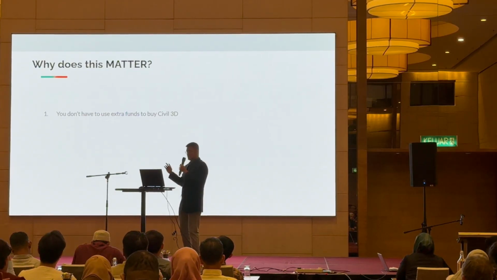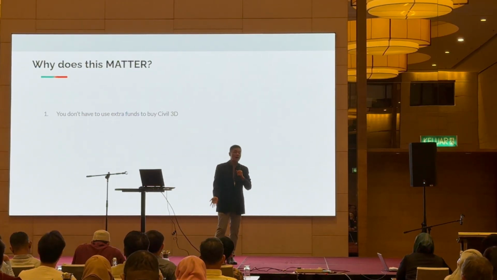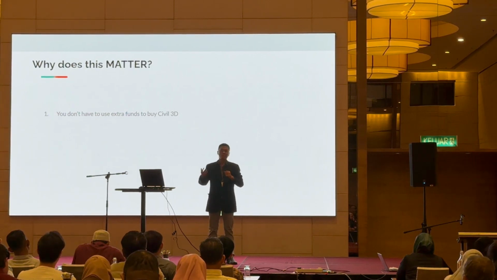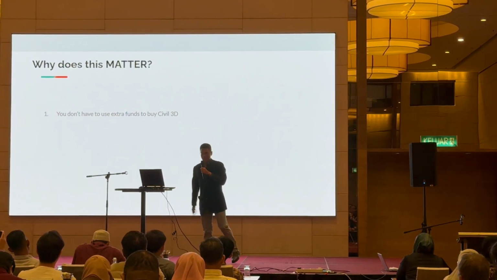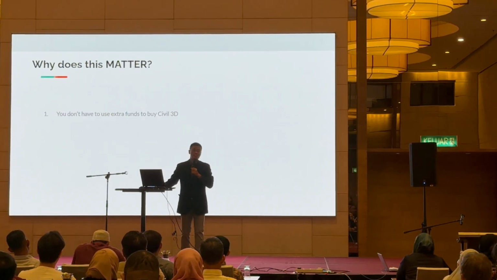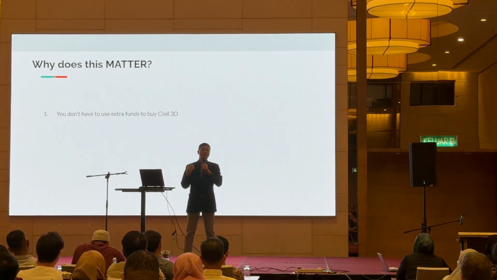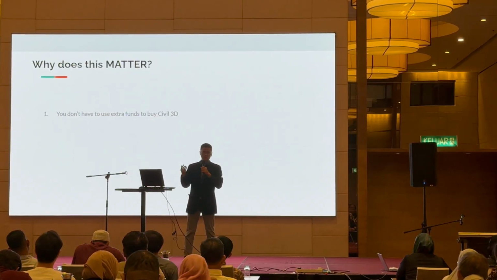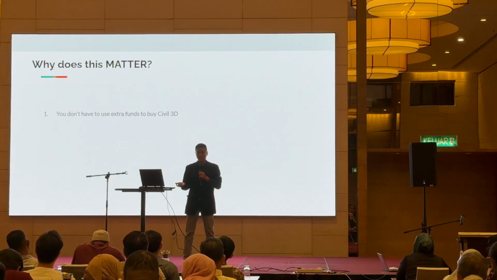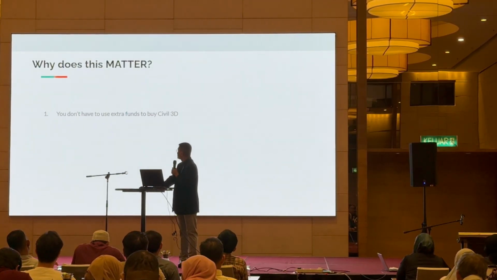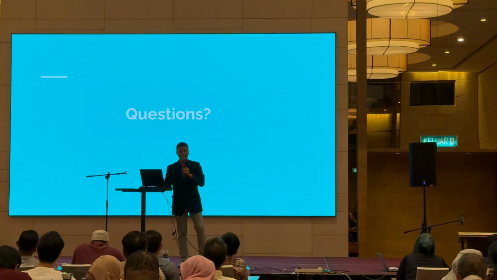And you can use up your funds to buy other things, for example another license of MiTS. So it's not like we want to impose a burden on you, that you have to buy an extra Civil 3D and it's very heavy on us. This is not really the case. Okay, so any questions?